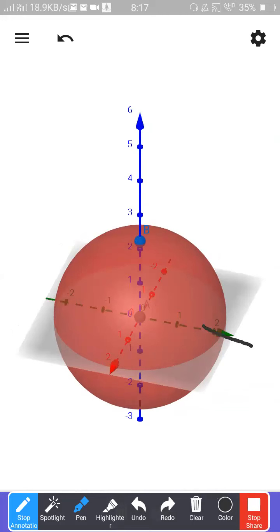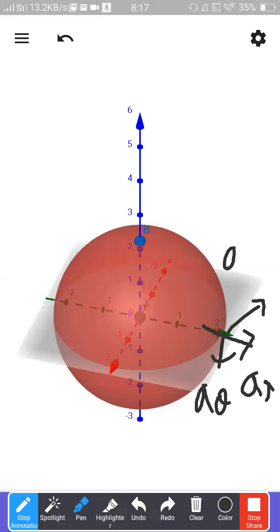Definitely your a_r will be going in this direction, and your theta will be going in this direction, your phi will be going in this direction. R, theta, phi.